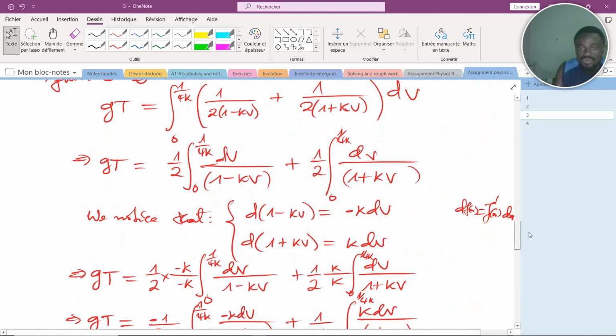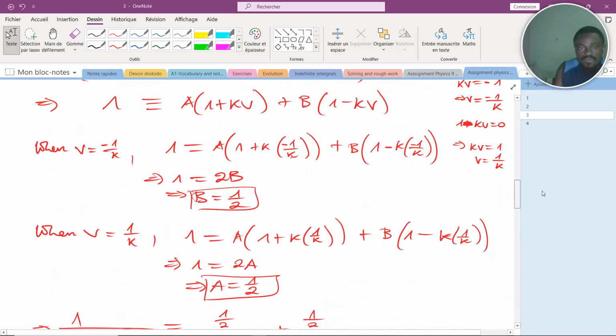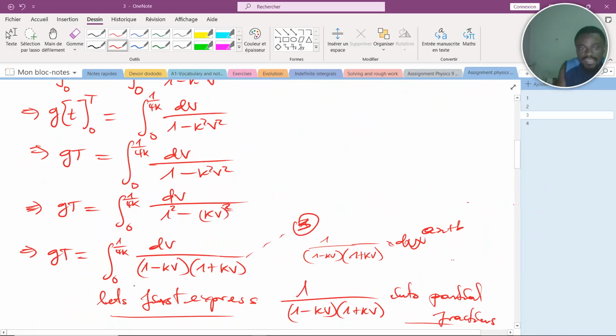So that was basically how you are supposed to do this question. So what did you notice here? You notice here that we were faced with integrating this. This is the same as integrating 1 over (ax plus b)(alpha x plus beta). These are linear expressions. How do you integrate this?